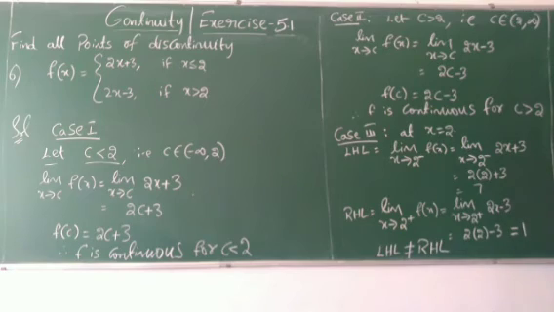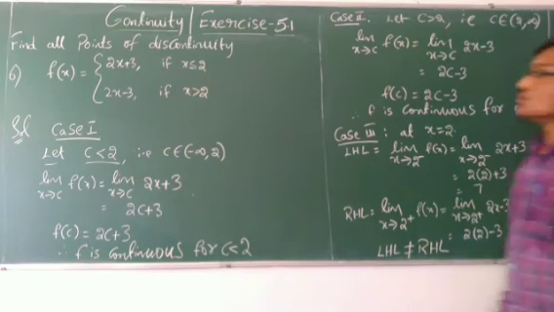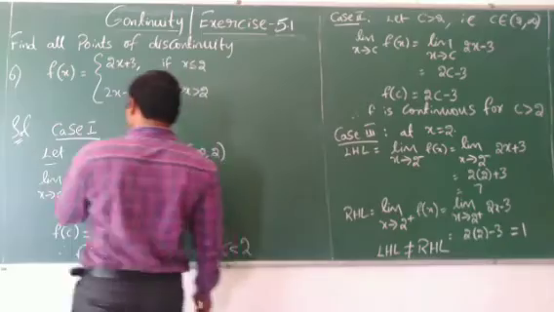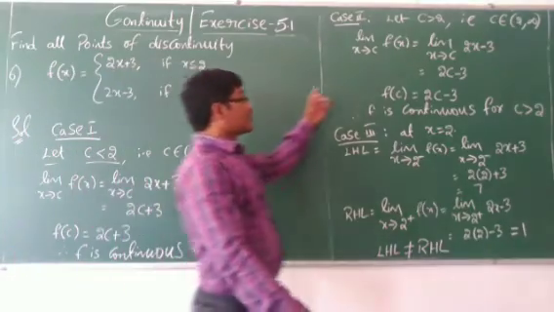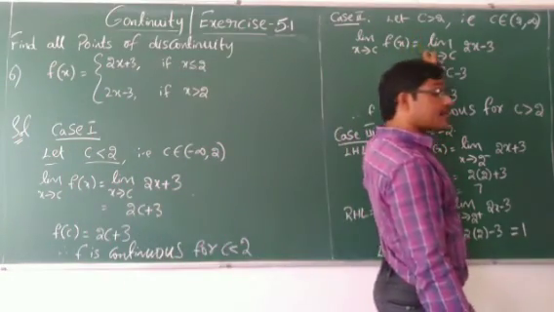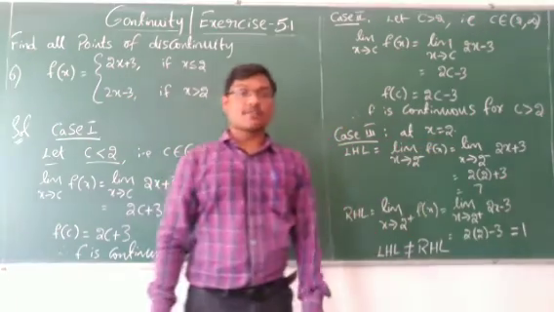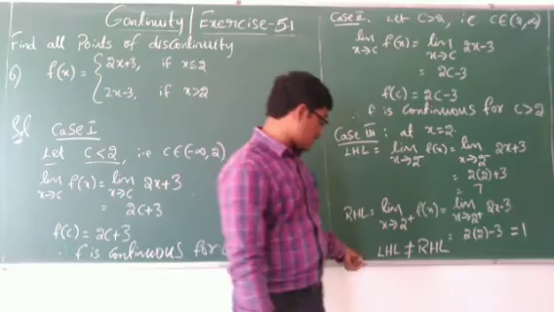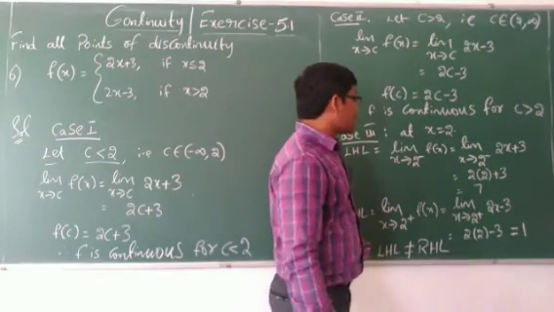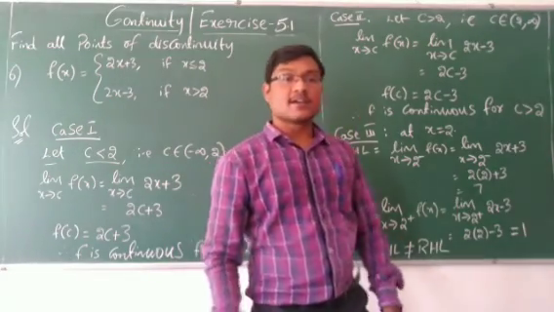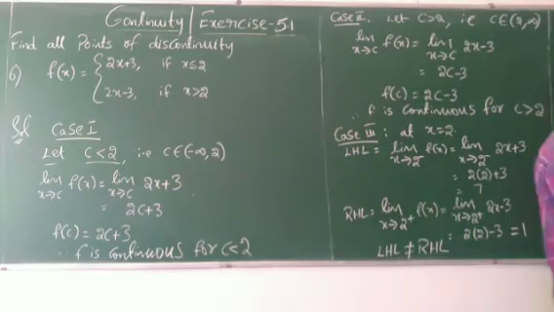The function is not continuous at x equal to 2. It is continuous for less than 2. The function is continuous for greater than 2. But at x equal to 2, the given function is not continuous. Below this you write f is not continuous at x equal to 2.